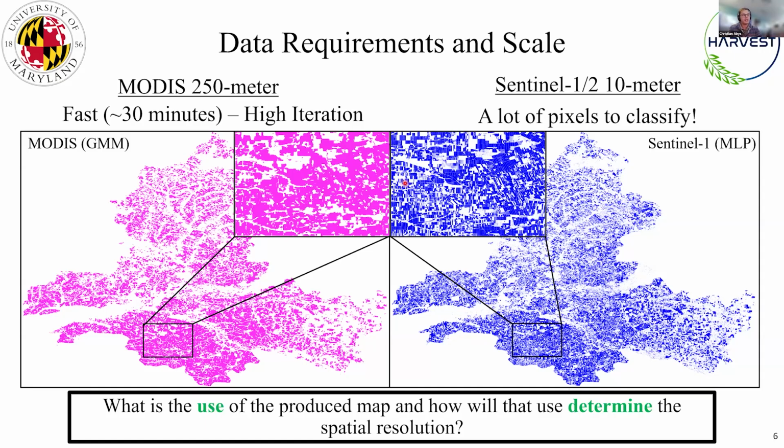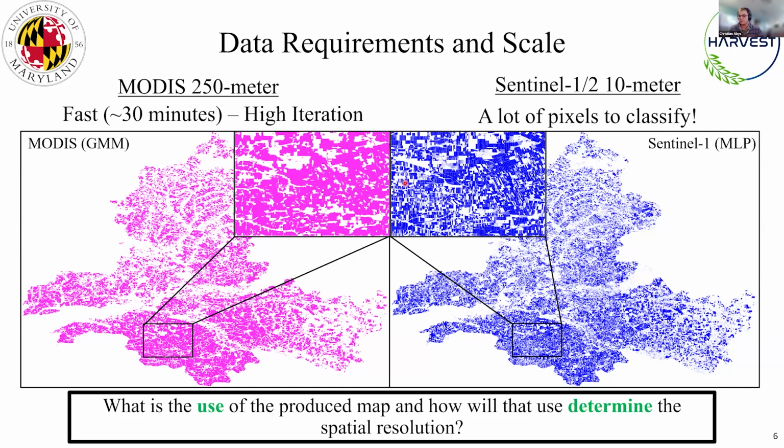So imagine for yourself, you want to build a map of agriculture subcrop types in Russia. If you were to build a map at a 10-meter resolution of Russia, Russia's a huge country. 10-meter pixel resolution for the entirety of Russia for multiple years, for example, is a lot of data.